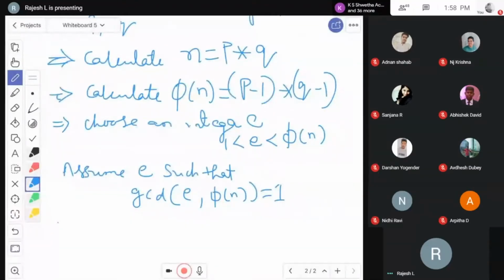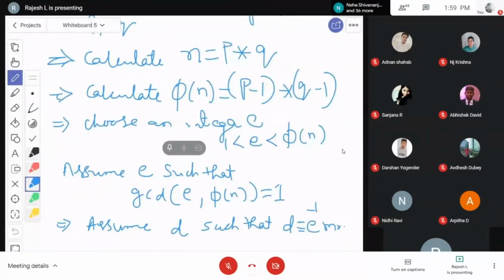After getting the public key, now we need to select the private key. Assume D for the decryption key such that D is equal to the private key, which is the public key E mod phi of n.